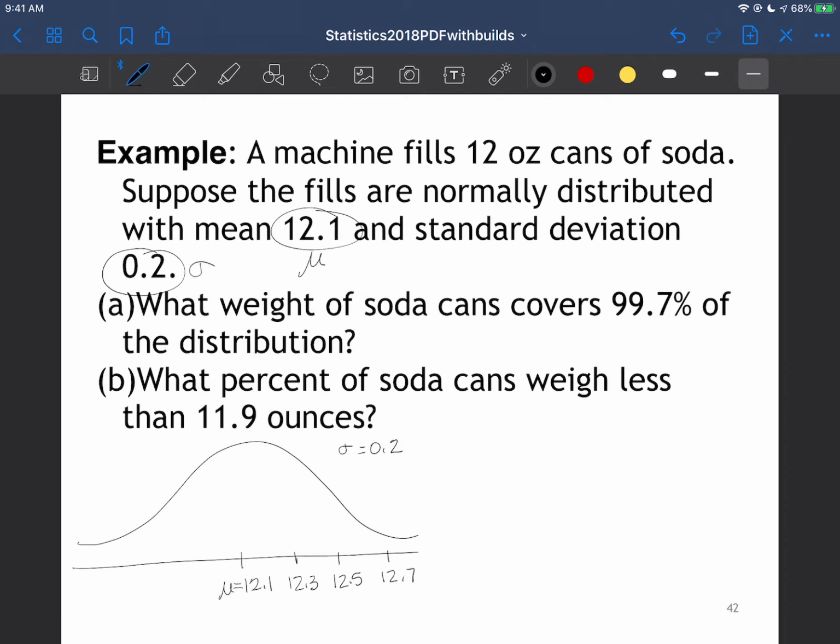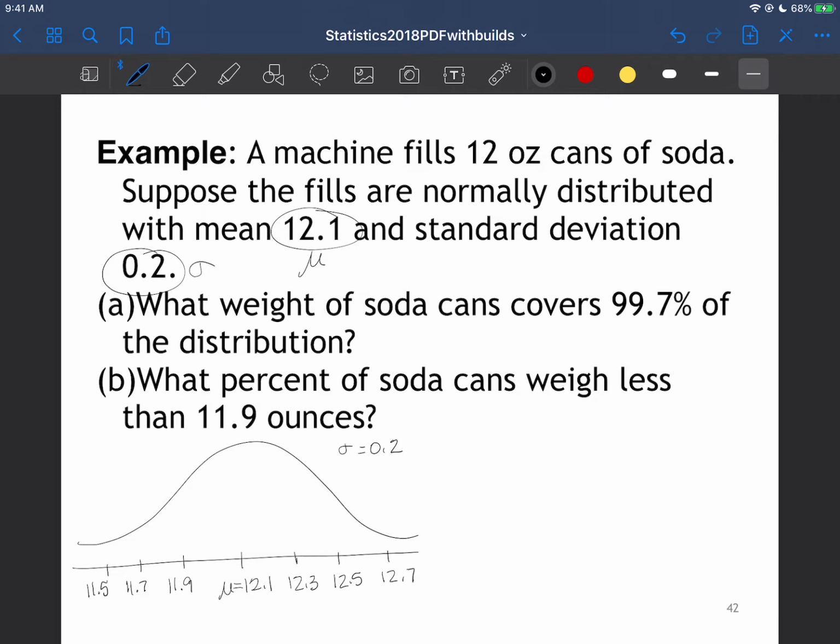And to the left, I'm going to subtract 0.2 3 times. So 12.1 minus 0.2 is going to give me 11.9. And then I'm going to subtract 0.2 again to get 11.7. And one more time to get 11.5. So I've marked all the points that are 1, 2, and 3 standard deviations away from the mean.